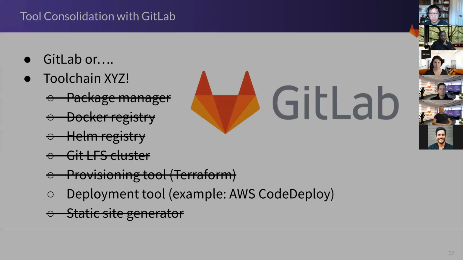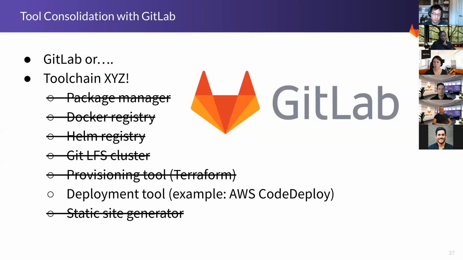Just bringing everything home, right? We talk about how we are one tool for the entire DevOps lifecycle, and we talk about license consolidation, and we also talk about fewer integrations. So let's review how we did that today.